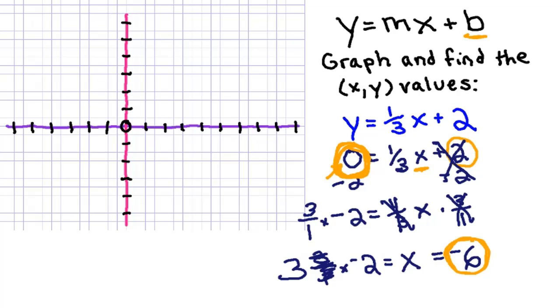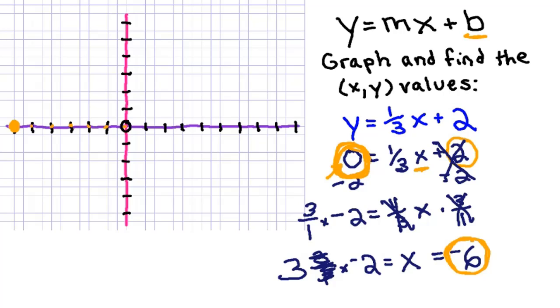So let's plot that on the graph. When y is 0, x is negative 6. So on the x-axis, we're going to go to negative 6 and plot this x value. When y is 0, we're not going to go up or down. We're just going to go to the left 6 notches.